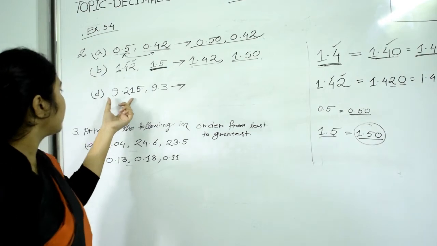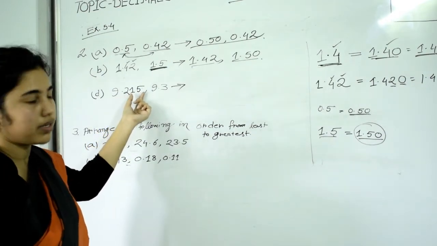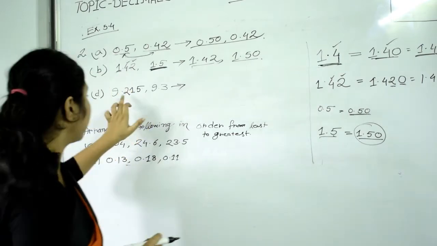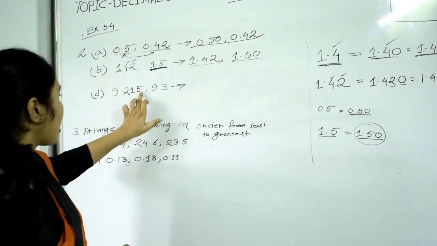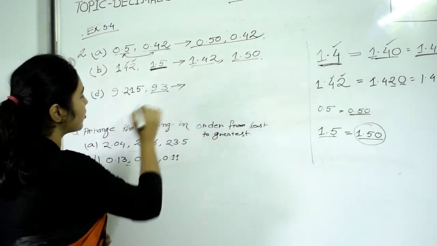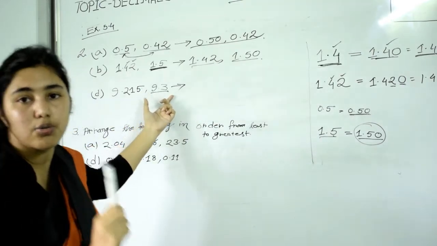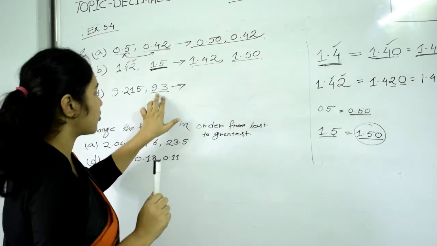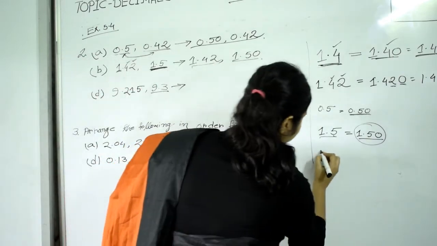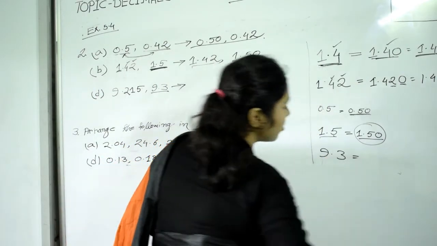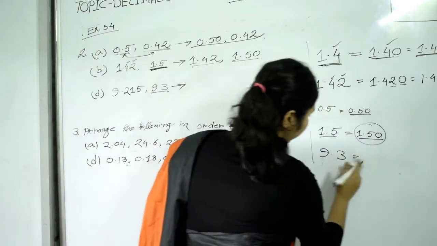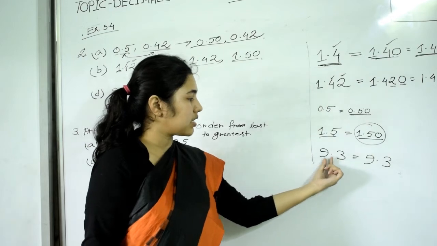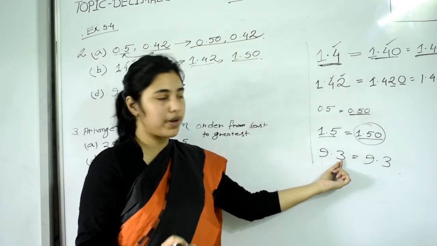Next, 9.215, right? Which means this number has three decimal places: 10th place, 100th place, 1000th place. But 9.3 has only one decimal place, which means we have to convert this number 9.3 to three decimal places. The last digit after the decimal point is in the 10th place, which is 3.